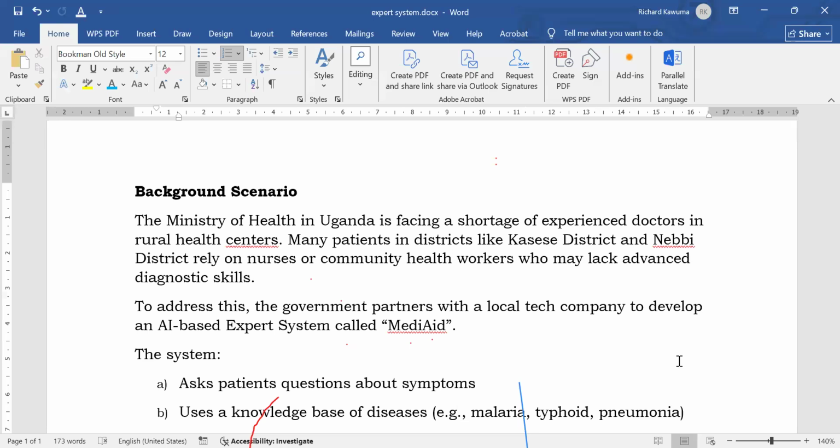So I gave a scenario question which says the Ministry of Health in Uganda is facing a shortage of experienced doctors in rural health areas. Many patients in districts like Kasese district rely on nurses or community health workers who may lack advanced diagnostics. So there's a problem. The government doesn't have enough doctors.